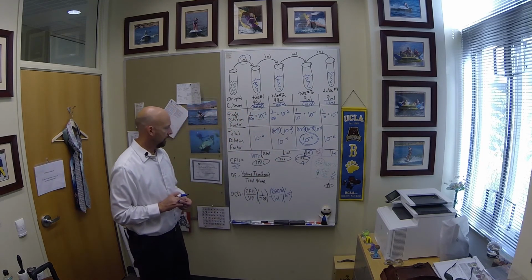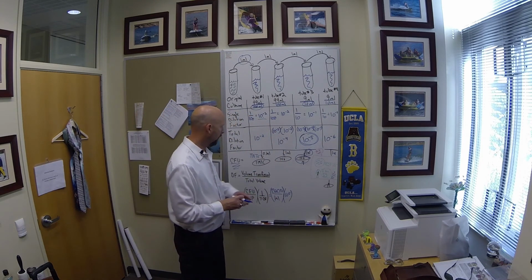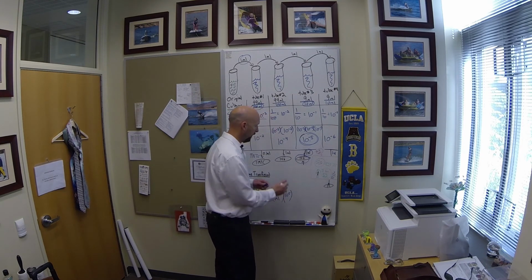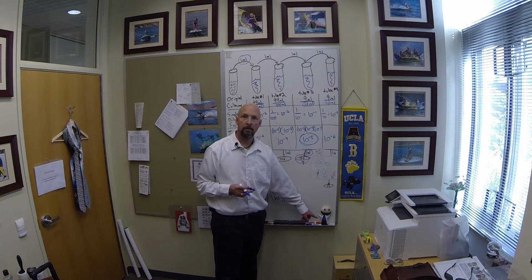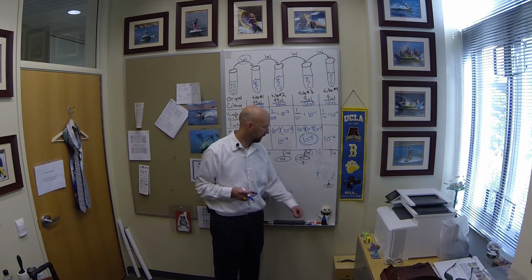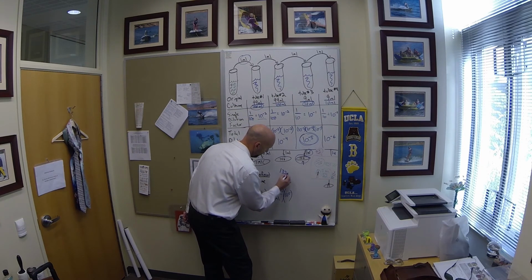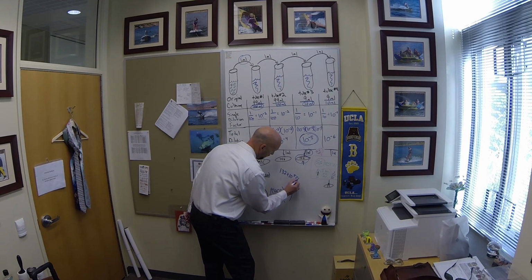Okay? So now this is basically 132. I'm going to write it sideways here because I'm running out of room. This is mini-me, by the way, in case you were wondering. 132 times 10 to the 5th CFUs per mil.